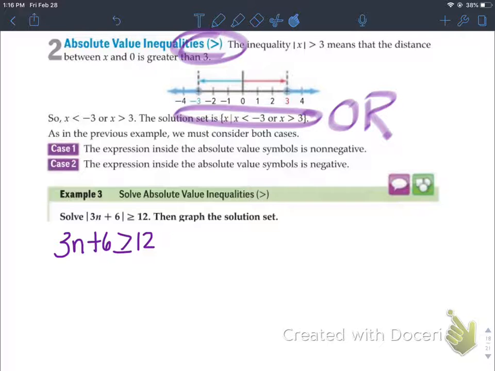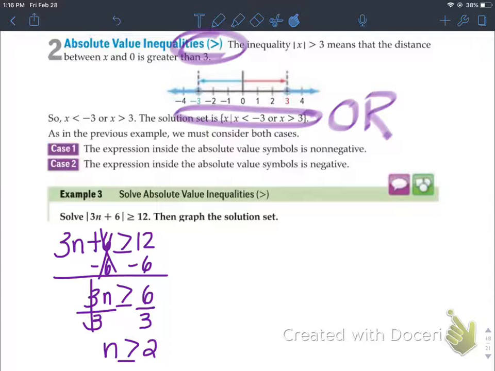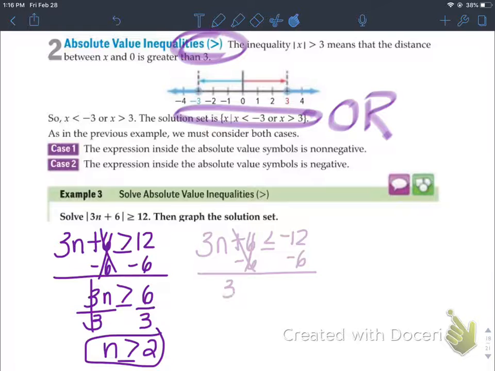So 3n plus 6 is greater than or equal to 12. And I'm going to solve that, so subtract 6, divide by 3. I end up with n is greater than or equal to 2. Then I repeat this with a negative 12, and I need to flip my sign when I do this. So 3n plus 6 is less than or equal to negative 12.